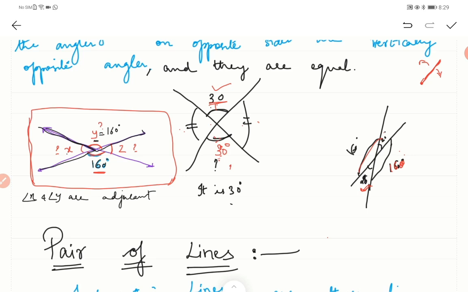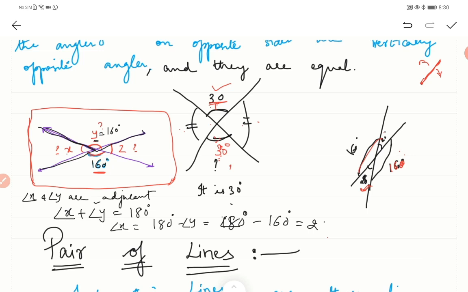Now I can form the linear pair: angle x plus angle y will be equal to how much? 180 degrees for a linear pair. We know what angle y is, so angle x will be equal to 180 minus angle y, that is 180 minus 160. How much will you get? It is 20 degrees, isn't it?